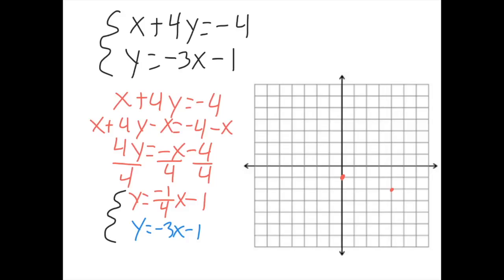Then with the other one, our y-intercept is also negative 1. So also on this point. And then we go down 3 over 1. So down 1, 2, 3 over 1 to the right.